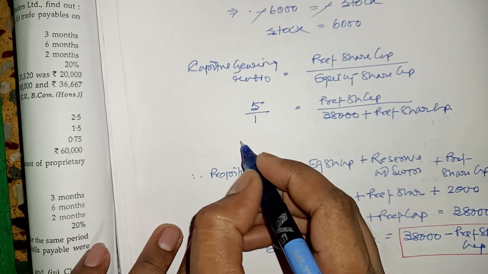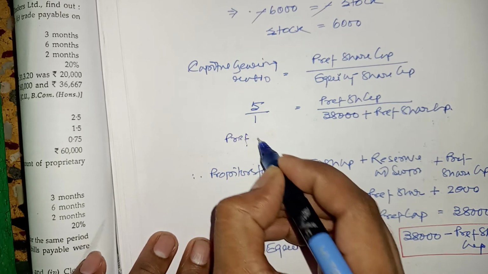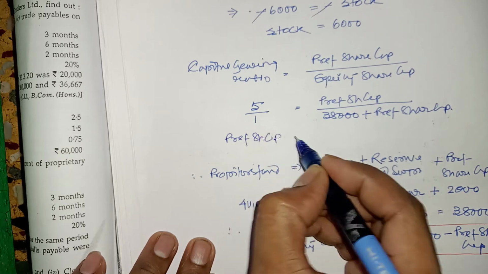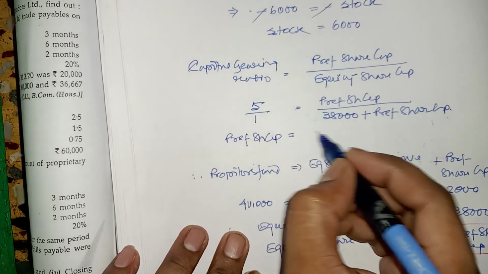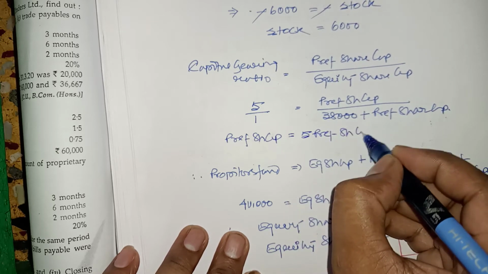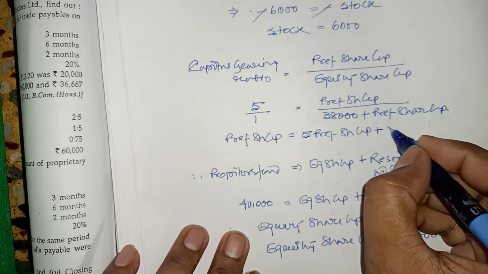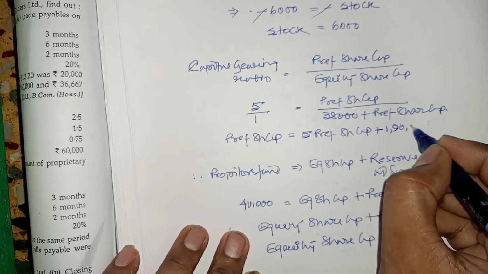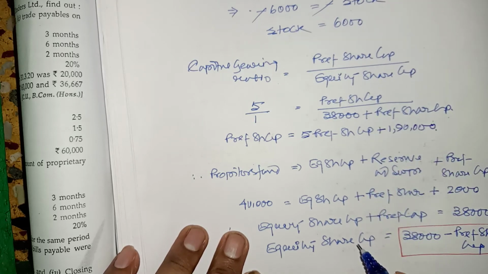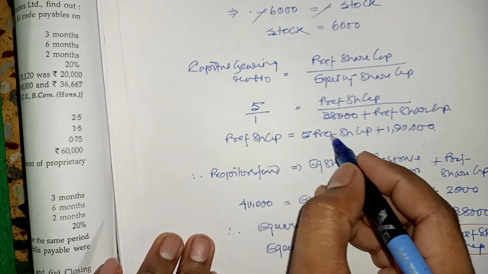If we cross multiply, then we can say preference share capital is equal to 5 preference share capital, 38,000 into 5, plus 1,90,000.